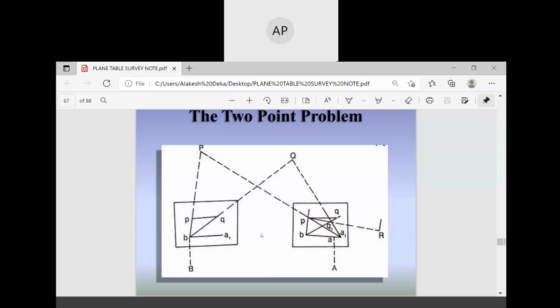That is how we find BA1. Then we have to shift this plane table to station A, and you have to orient the table. Okay, you have to move the table so that A is bisected through P and Q.